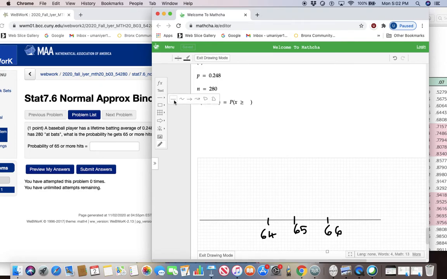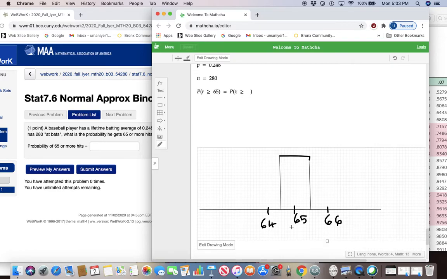The sides of the rectangle start at the midpoint between 64 and 65, so that's 64.5. And the other side goes to the other midpoint, so that's 65.5. That's the rectangle over 65 in the binomial distribution.